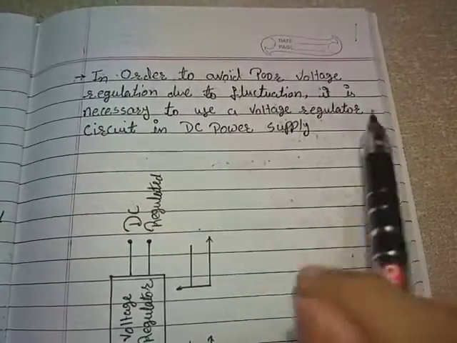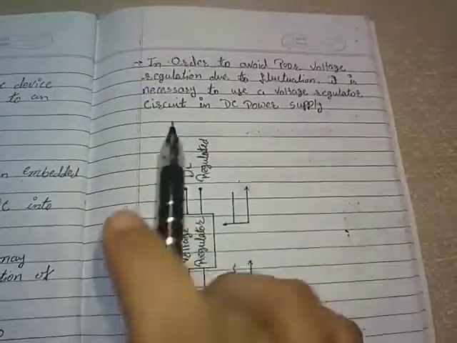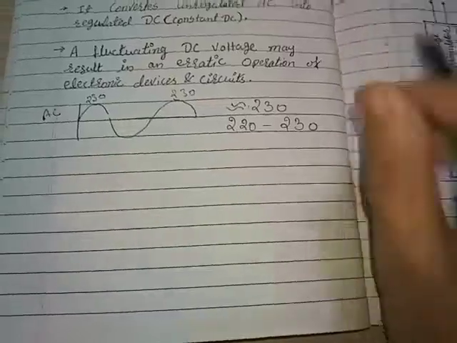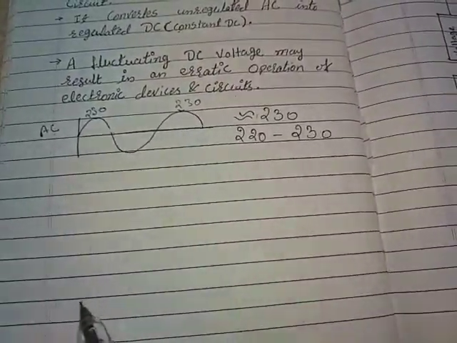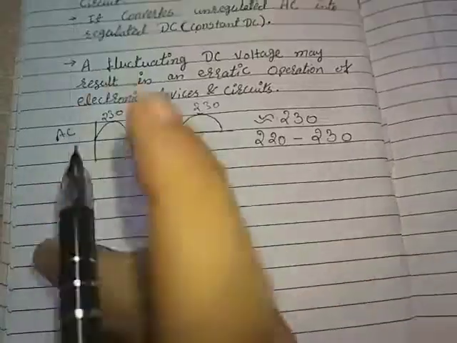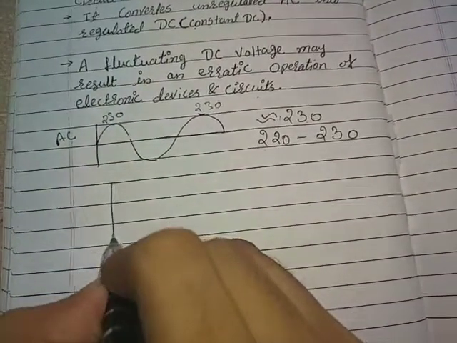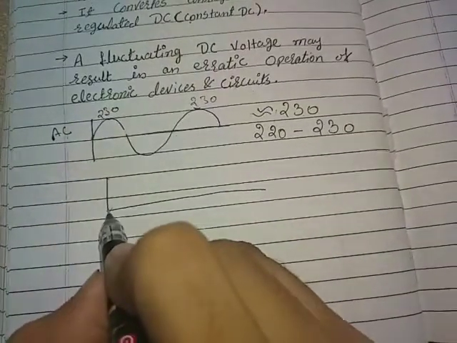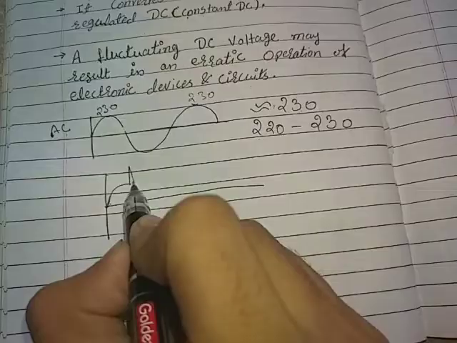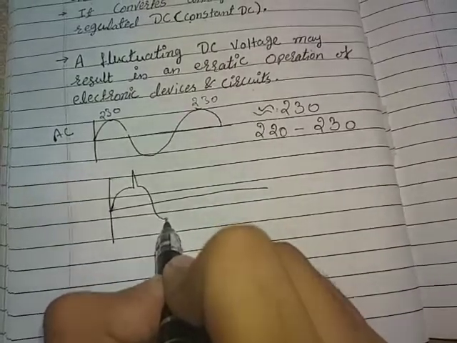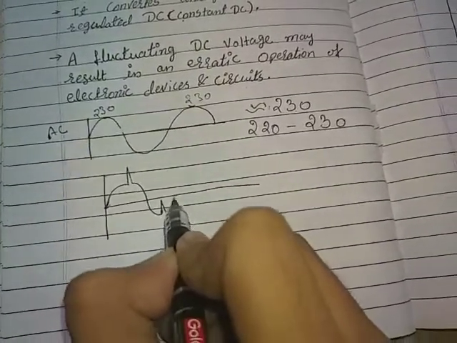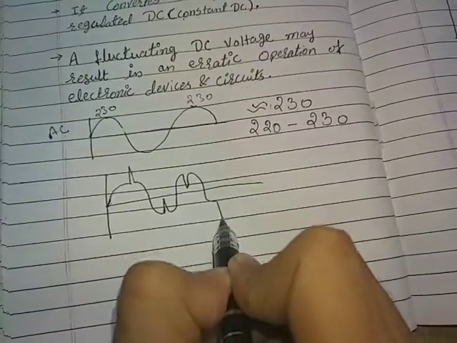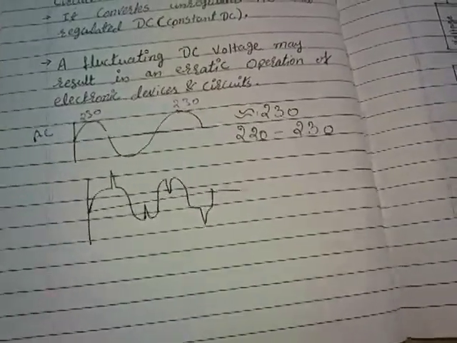Now, what is a voltage regulator? Let's see how the AC actually looks. This is the ideal case which we consider, but in actual, it looks like this: a sudden rise or a sudden drop occurs in the AC.